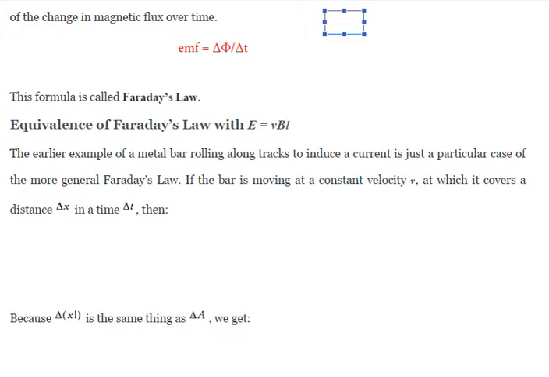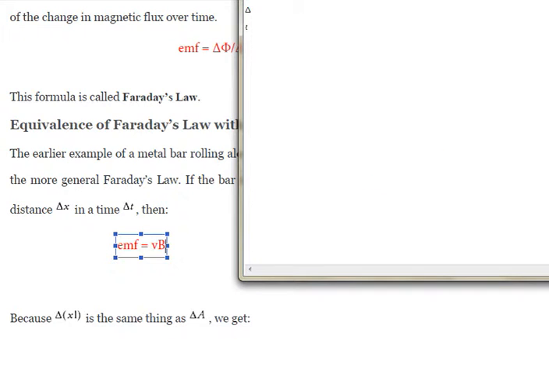So we had an example earlier of a bar rolling along tracks to induce a current, and that's just one case of Faraday's law. If the bar moves at a constant velocity, so it's covering some distance delta x over some time delta t, then we can say that the EMF is equal to VBL. Nothing new here, we've had this before.